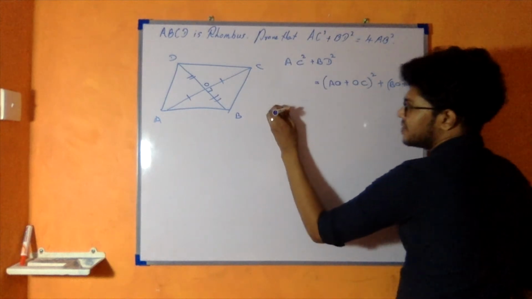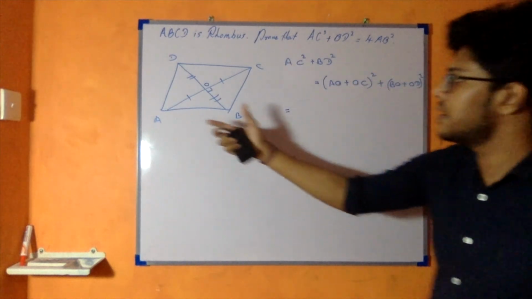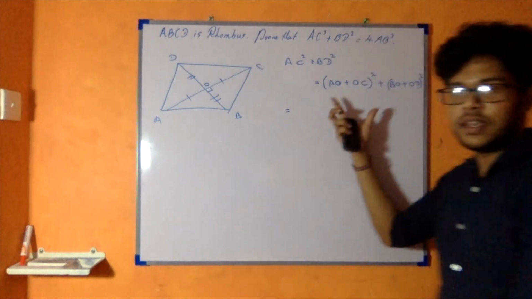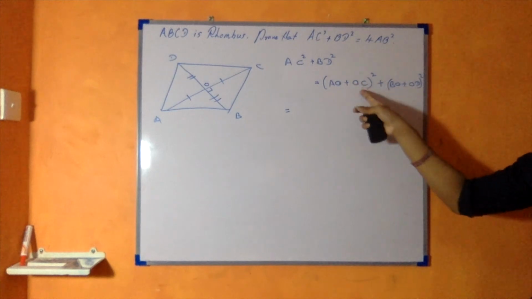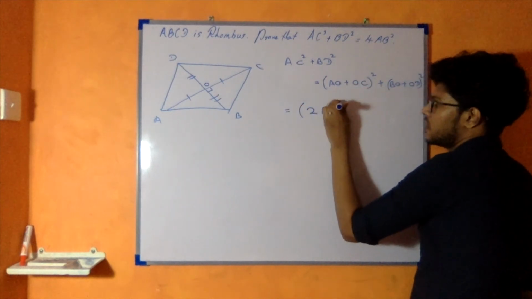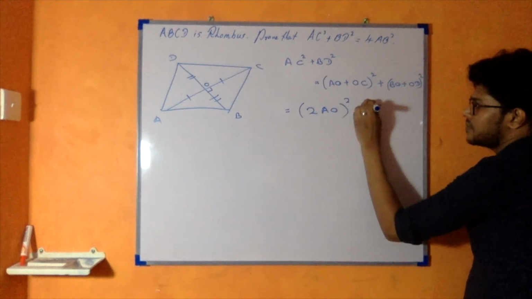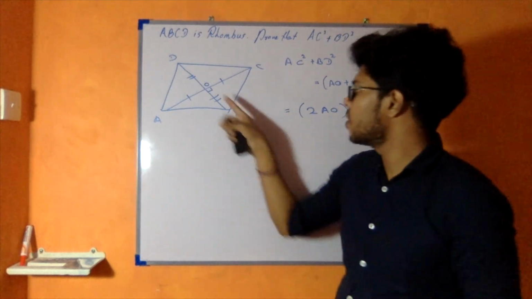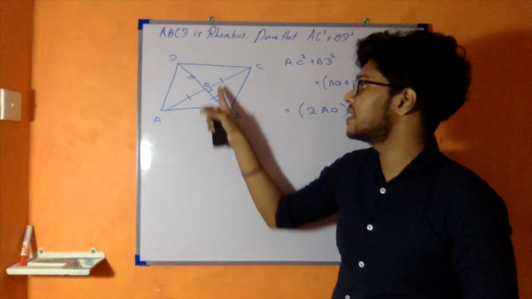So I can write this simply: instead of AO plus OC, you can write 2AO, because they both are equal. So AO plus OC equals 2AO, whole thing squared. Here also the same thing. BO is the length from here to here, and OD is the length from here to here, but they are equal.